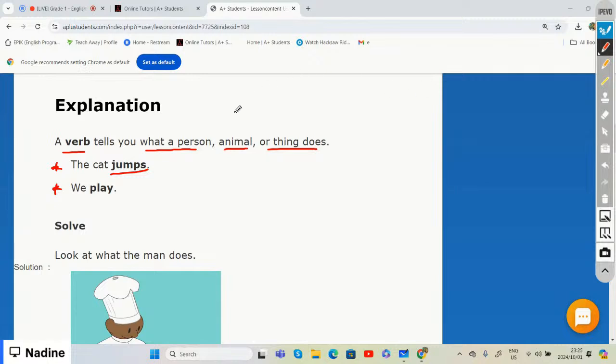And if we identify the action verb, we say play. Because what are you doing? What are the kids doing? What are the friends doing? What are the boys doing? What are the girls doing? We play. So play is our action verb.